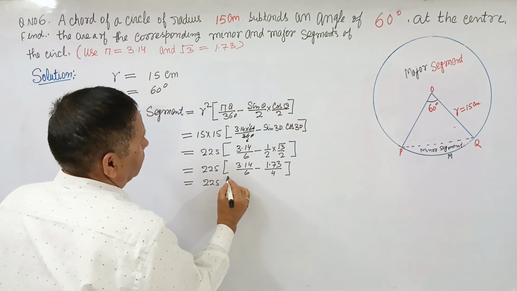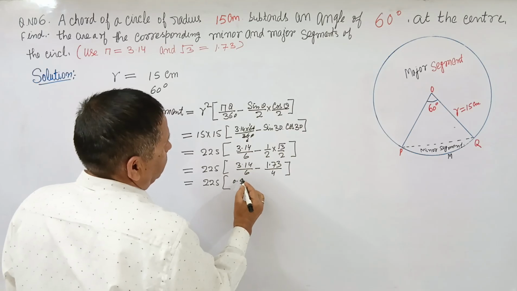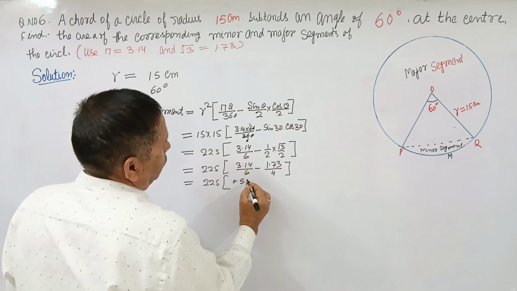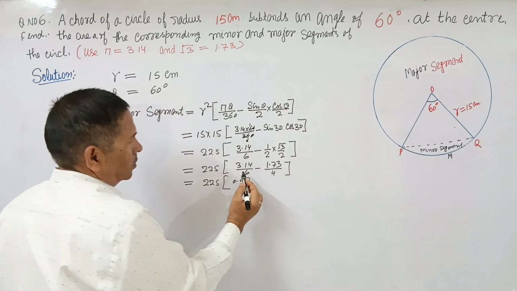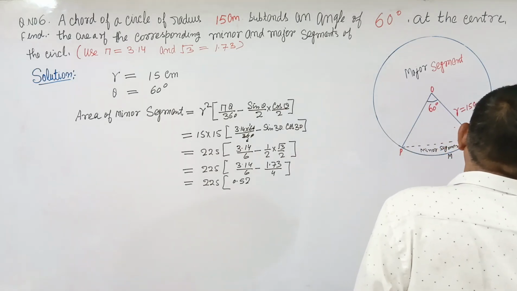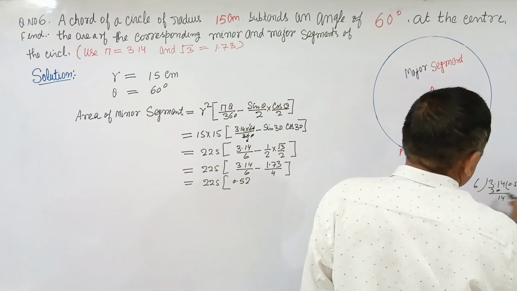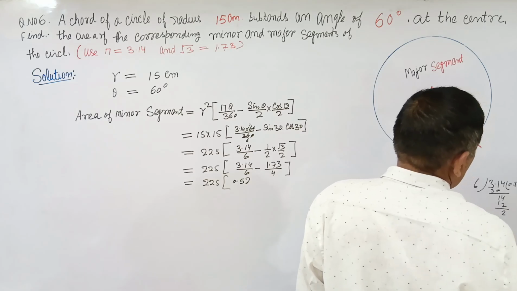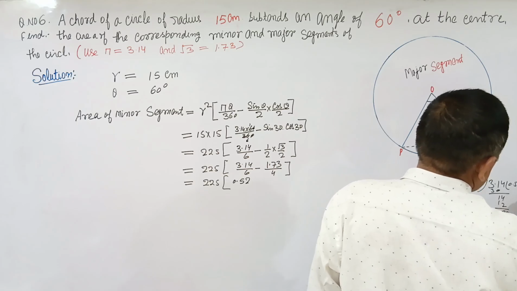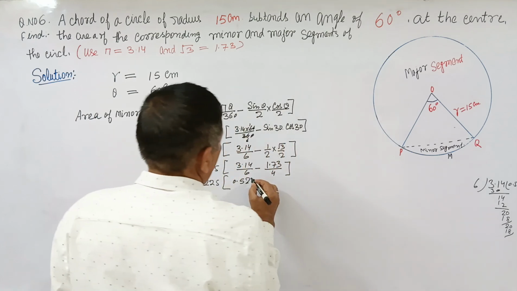Now we divide 3.14 by 6, which gives 0.5233.